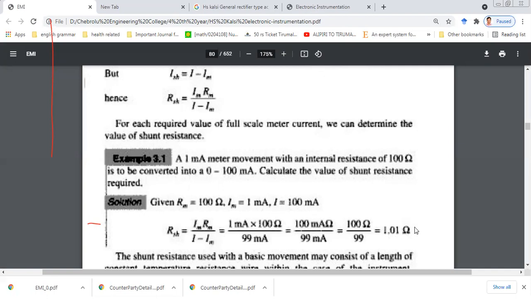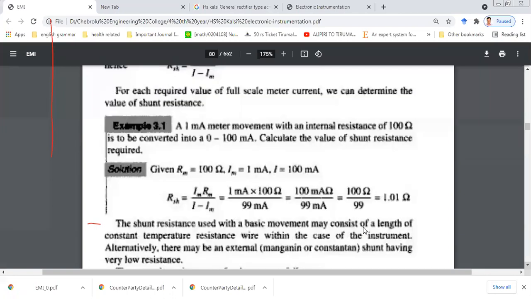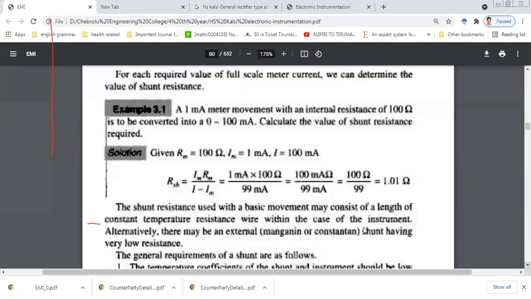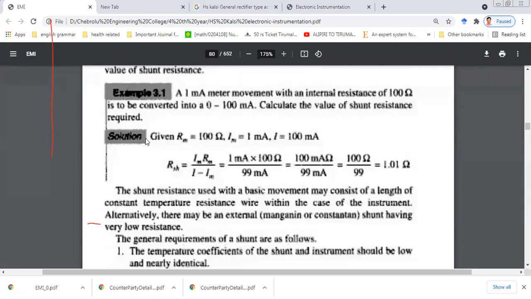That shunt resistance will be connected in parallel with the basic movement. With that we can use the ammeter to measure the 0 to 100 milliamperes current range safely, without any high current effect on the meter.